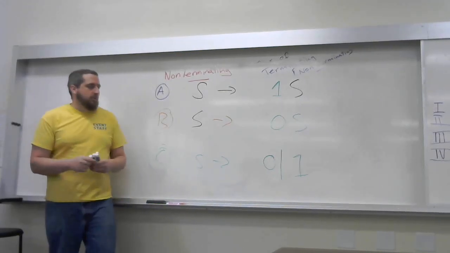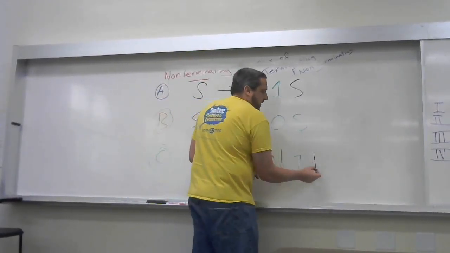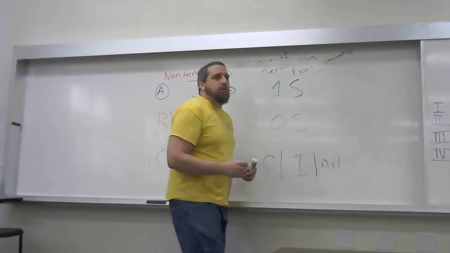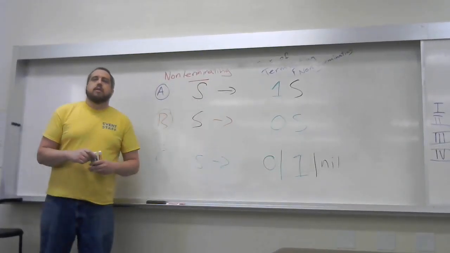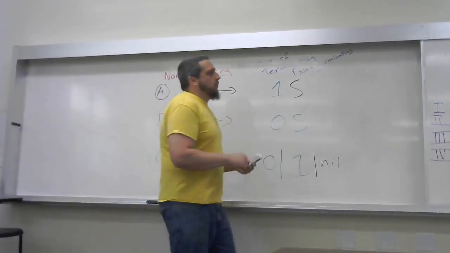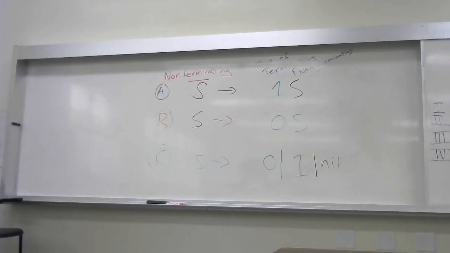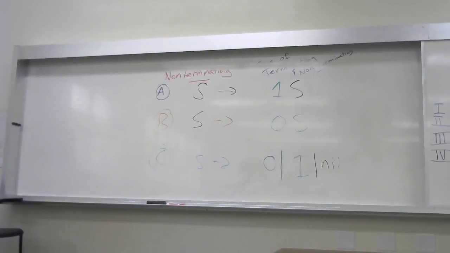There's only one. If we add in the third one, S can also go to nil. Now we'll have multiple trees. So for example, the 1101, if we start with S: 1 S 1 S, 0 S 1 S, 1 S nil, right?